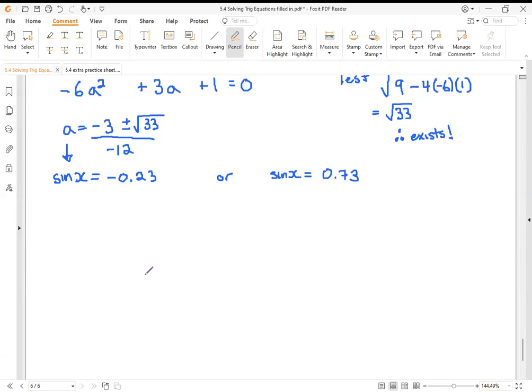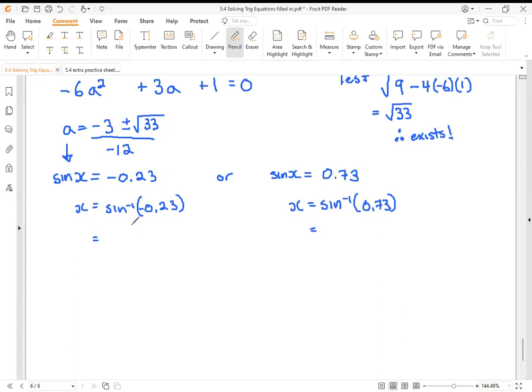What angles give you negative 0.23? What angle gives you a positive 0.73? Let's do it.